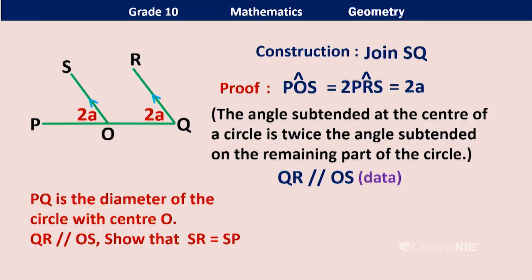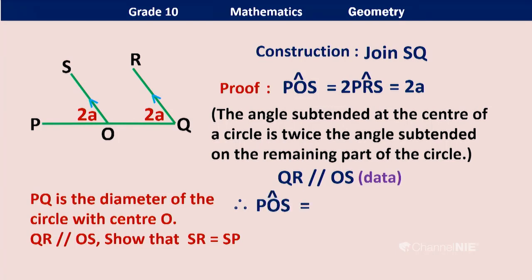Since OS is parallel to QR and since the angle POS is equal to 2A, the angle PQR is also equal to 2A. The reason is angle POS and angle PQR are corresponding angles. So, we can write it in the proof.